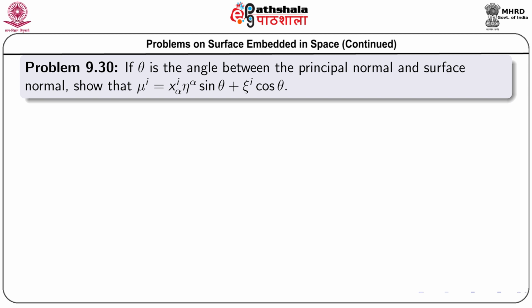So, theta is the angle between the principal normal and surface normal, and eta alpha are the principal normals for the surface, mu I is the principal normal for the space, and the xi I are the components of the surface normal. So, we shall see this relation holds.